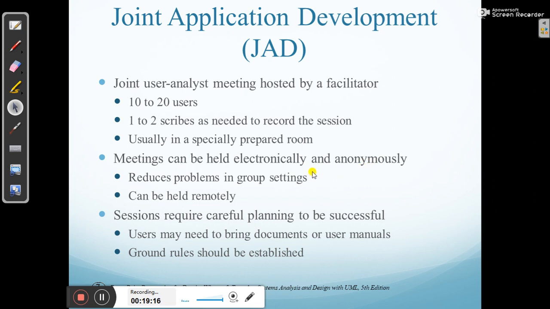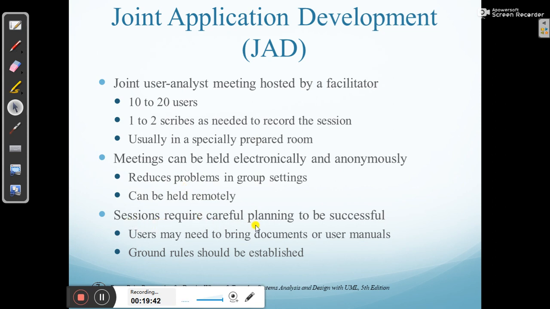This means you need to store the records of this meeting, and in those records there should not be any name or details of the person. It should be anonymous. To reduce the problems in group settings, it can be held remotely, which would create a more anonymous situation.